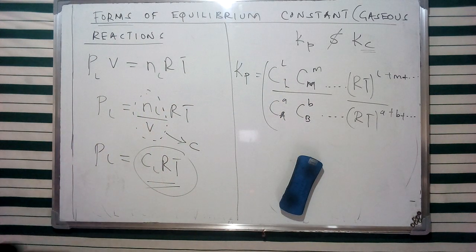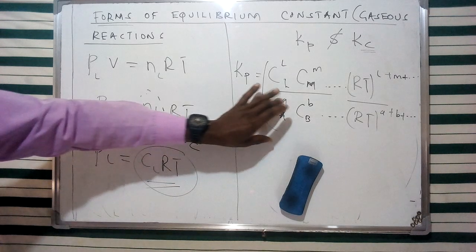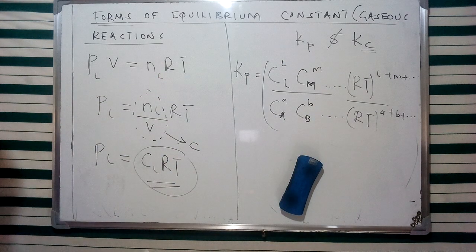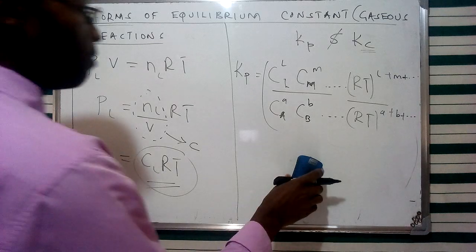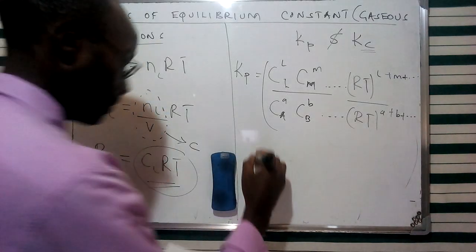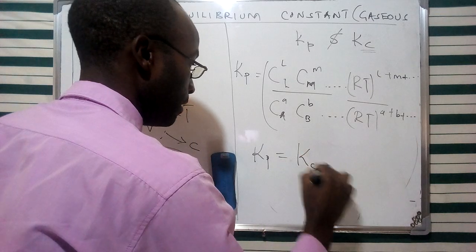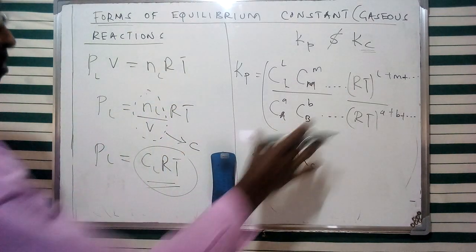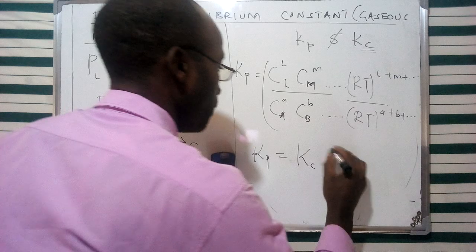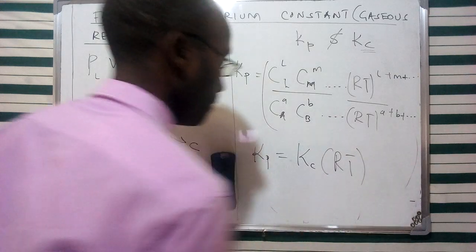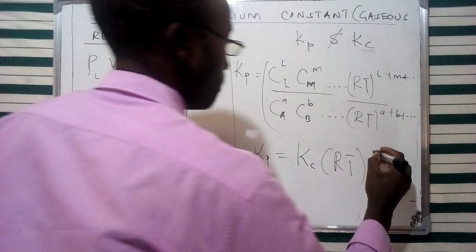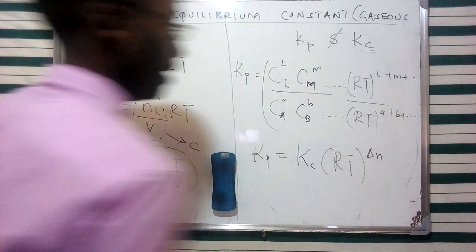So we can express Kp in terms of Kc. Kp is equivalent to Kc times RT, and the exponent can be summarily given in terms of delta n.